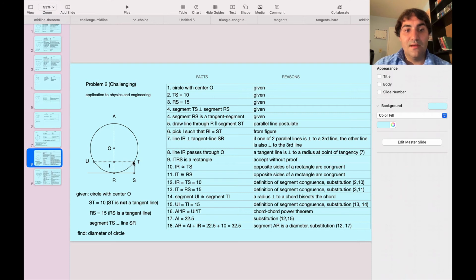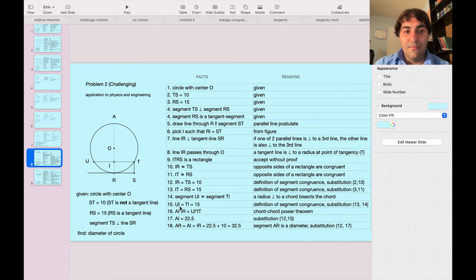You can extend this line as segment IT to the opposite side where it reaches U. But anyway, let's keep things simple and just say that segment UI is congruent to segment TI. So the length of UI is going to be equal to the length of TI because of the definition of segment congruence, and we know that TI is equal to 15. IT is equal to TI, which is equal to 15.